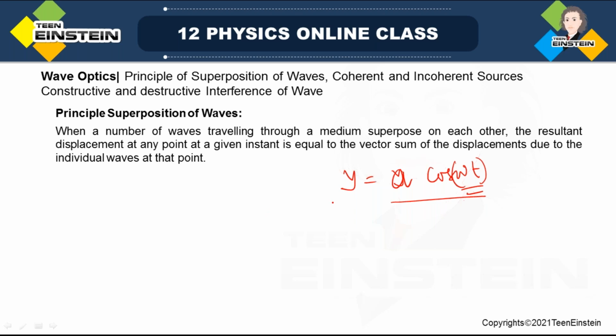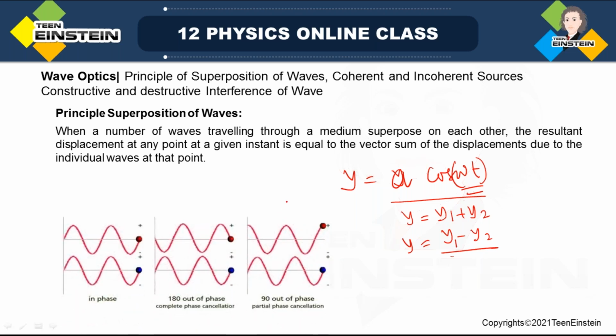Now what I was trying to say, when will they add to give the resultant y, and when will they be subtracted to get the resultant? That we have to find out. In this case, look, when two superposing waves have their maxima and minima overlapping, these are maxima, these are minimas.